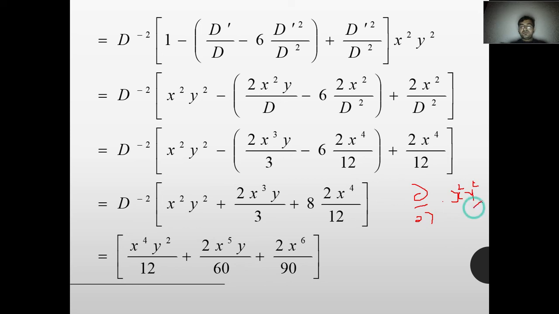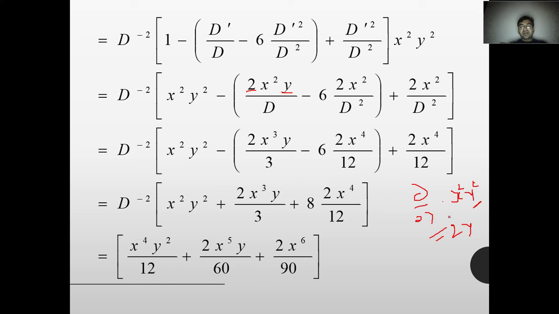So 2 into y upon D minus 6 into x square and D dash square into this, and now again the derivative of y.